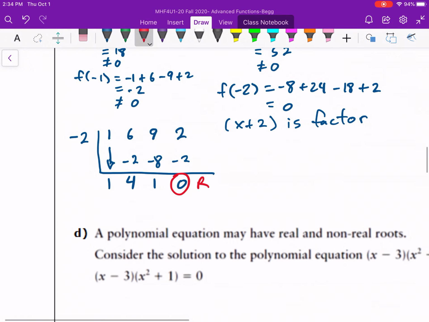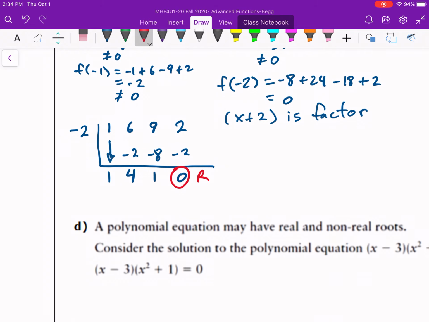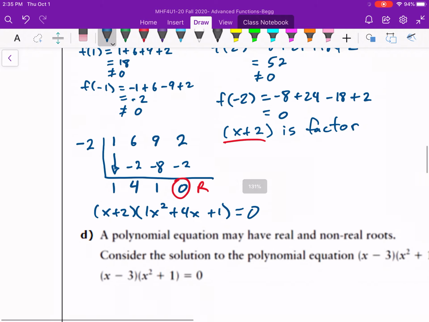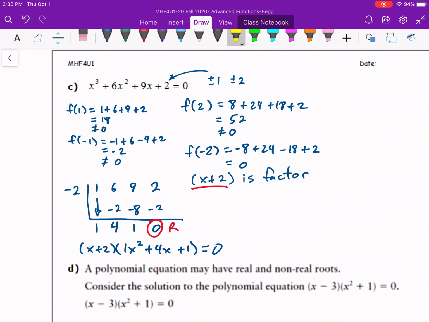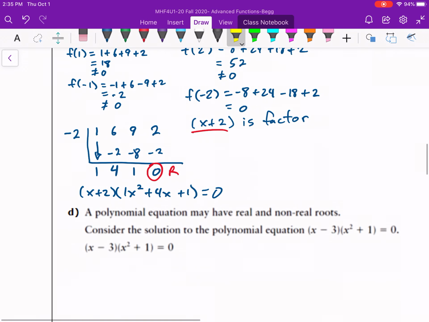So far, I have my first factor, which was x plus 2, over here. And then I have 1x squared plus 4x plus 1 as the rest of it equal to 0. So I've just rewritten this original equation in a partially factored form.